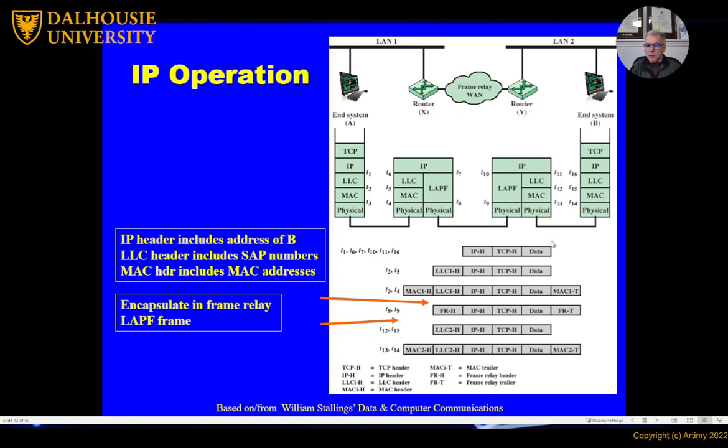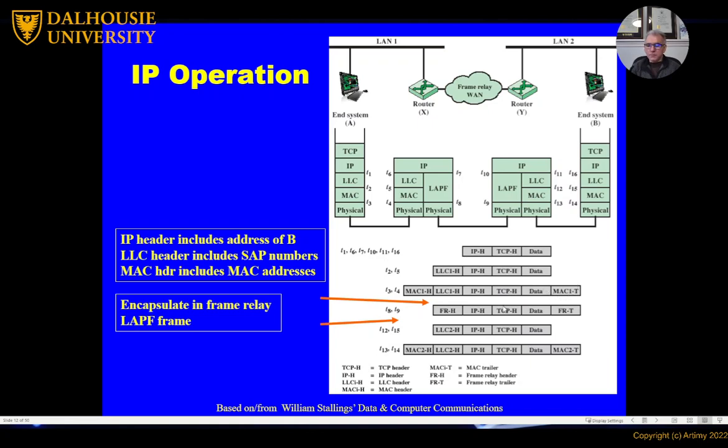You will see here that we started with data, we added the header for the TCP, we added the header for the IP, and then we passed it down, adding headers and the checksum at the end here.